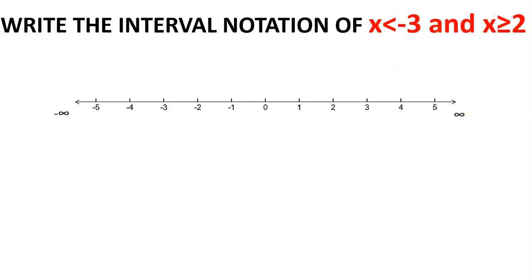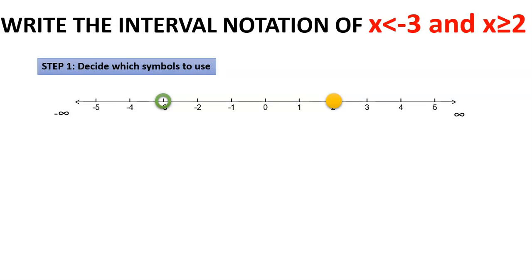This one is also a compound inequality. We're going to write the interval notation of x is less than -3 and x is greater than or equal to 2. So step 1, we have to decide which symbols to use. And you'll notice here that at the -3, it does not show equality, so I used an open circle. And then on the 2, it did show equality, so I used a closed circle.